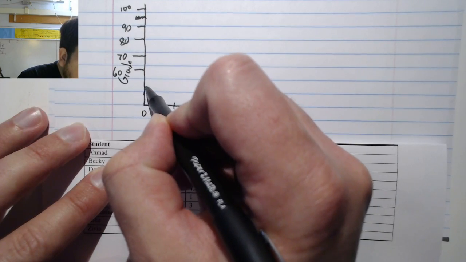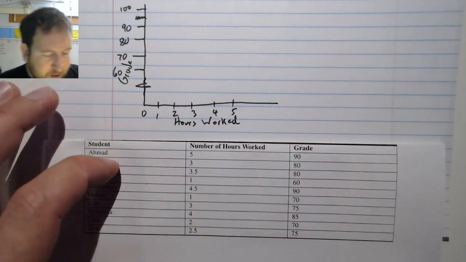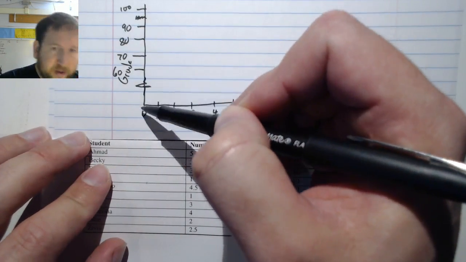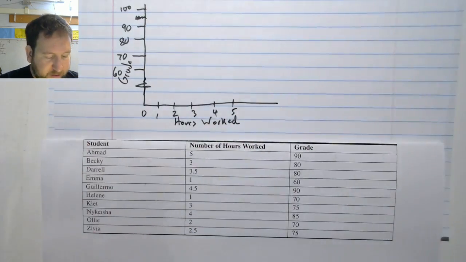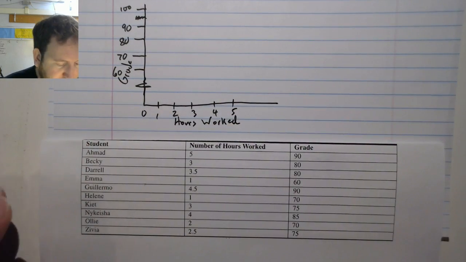Actually, let's go down to here. 90, 80, 70, 60. And then what I'll do is put a little break in my graph right here. That shows that I don't need to go all the way down to 0, that this part isn't exactly to scale. And let's start graphing these.